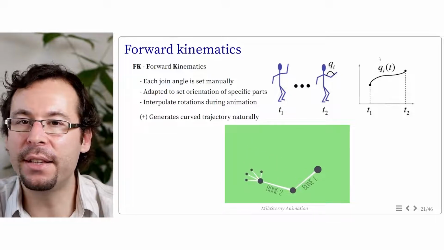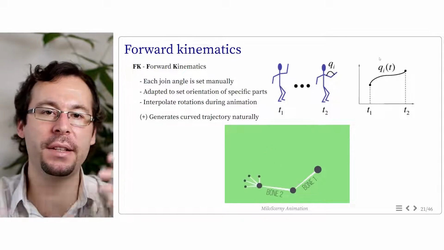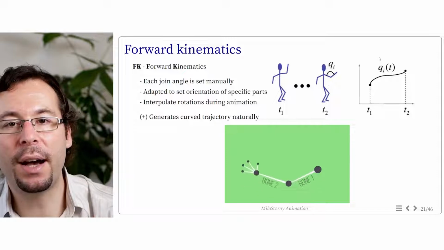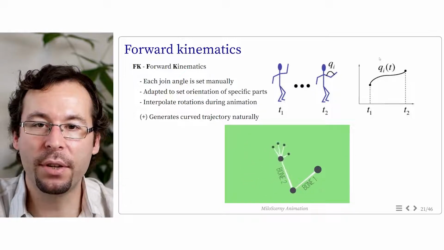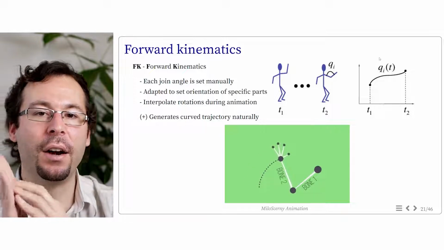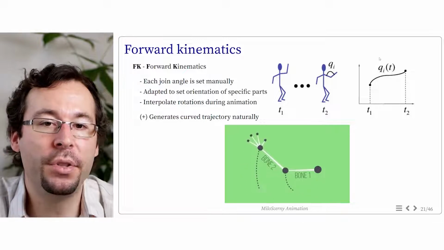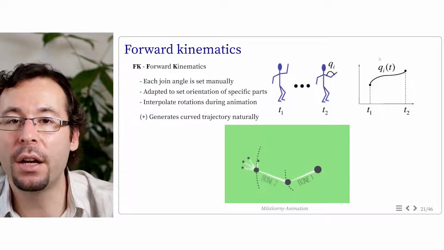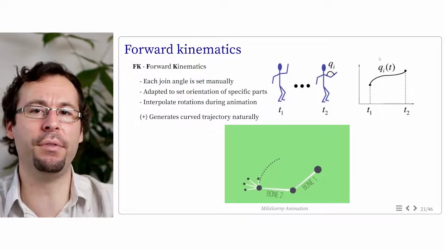But forward kinematic isn't always adapted in all situations. It's fine when we move our hand in the air, for instance, without constraint. But when we have contacts, like for the feet during a walking motion, then the extremity of the character should remain in contact or sometimes fixed during the animation. And controlling the position of the extremity of a character by setting the angles at the articulation is, however, not an easy task to do manually.